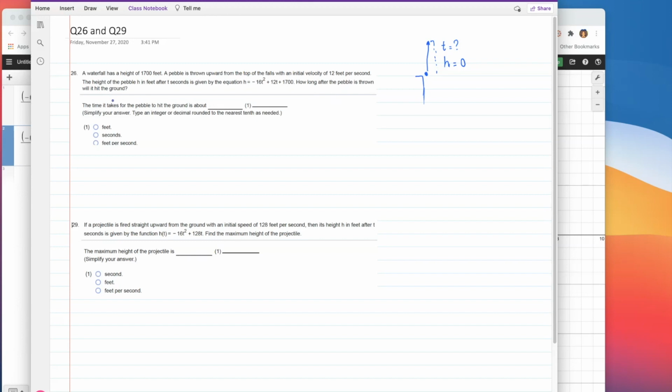And to hit the ground, it means that the height, so if this is a formula that gives the height of the pebble, to hit the ground, there is no height, and then it means that the height is 0. So if I plug in this here, what they are asking me to do is to solve for t. My variable is not x, it's t in this case for time. 1700.